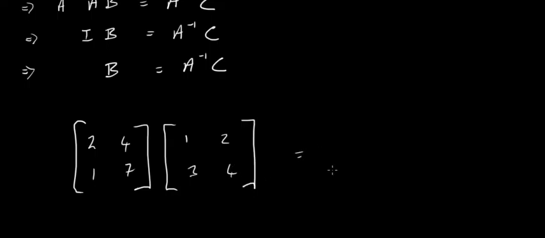Okay, so if I multiply those two, I'll get 2 1s are 2 plus 3 4s are 12. So that'll give me 14 here. 2 2s are 4 plus 16 will give me 20 here. 1 1 is 1 plus 3 7s 21, so that'll give me 22 here.